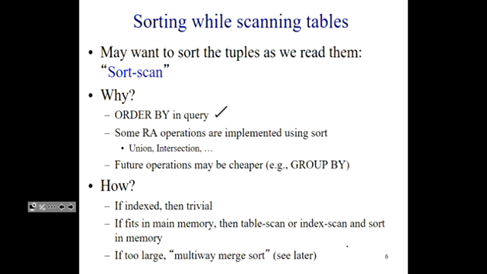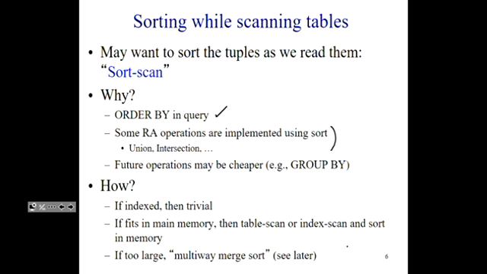Also, in some cases, some relational algebra operations are implemented using sort. Things like union and intersection require a sort before performing the operation. Remember that union and intersection default to set semantics, while the other operations default to bag semantics.